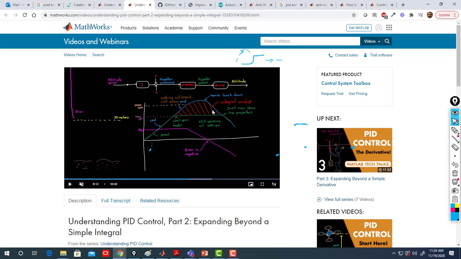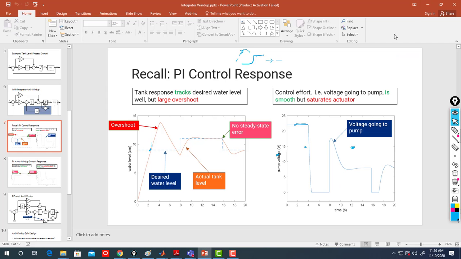So it takes time, and you will have overshoot. This amount of time that you are taking leads to overshooting of the output signal. In this graph you cannot see the output signal, but here you can see the output.